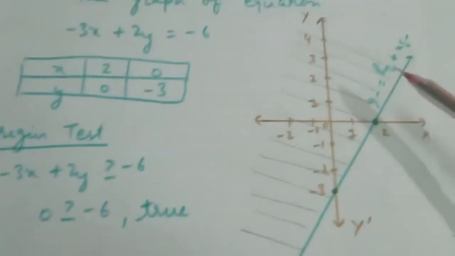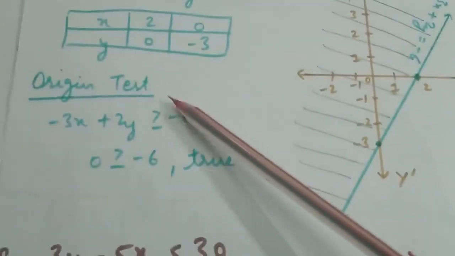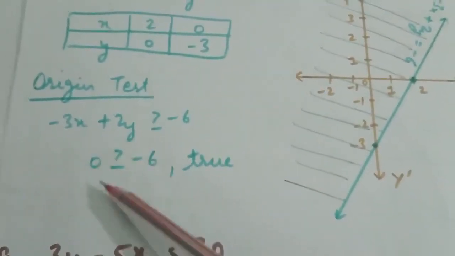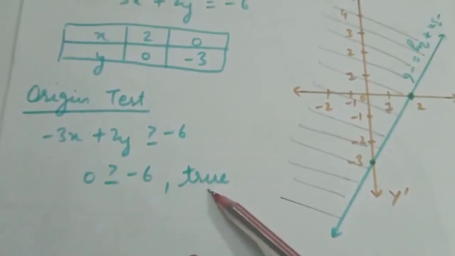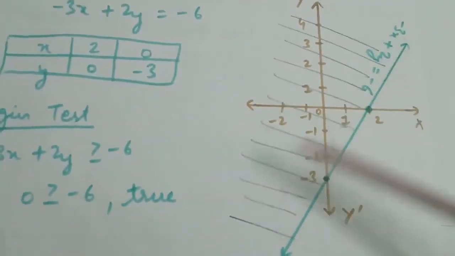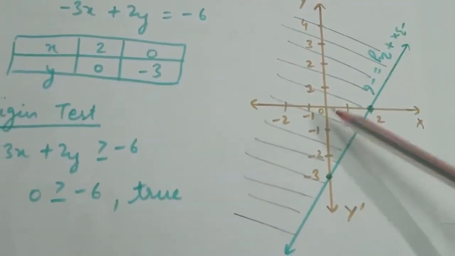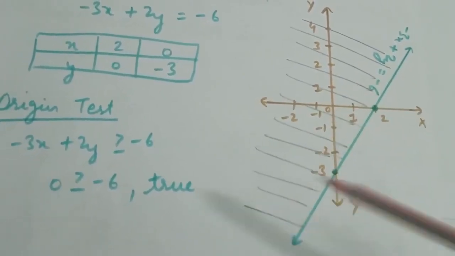So draw the graph of the line, right? Like this. Doing the origin test, in place of x and y, put 0. 0 is greater than or equal to minus 6, which is true, right? So we will shade this portion because it includes the origin. So the half plane towards the origin will be shaded, right?